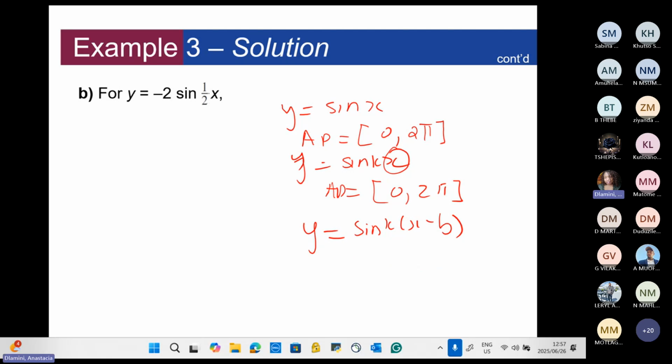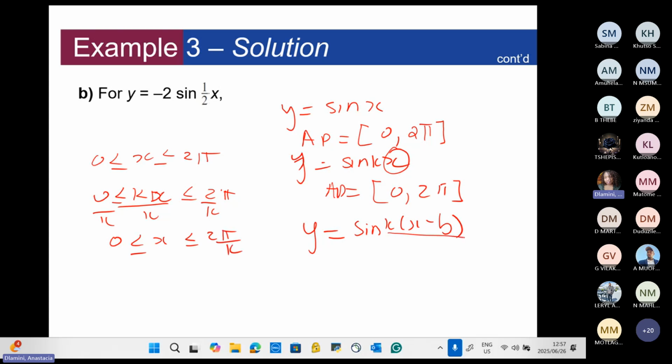Remember how we found this one? We said initially we had x from 0 to 2 pi. Then we replaced it with kx, so now it's between 0 and 2 pi over k, dividing by k.